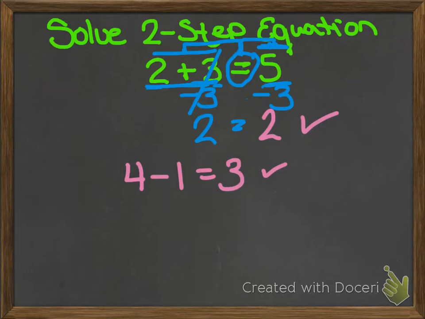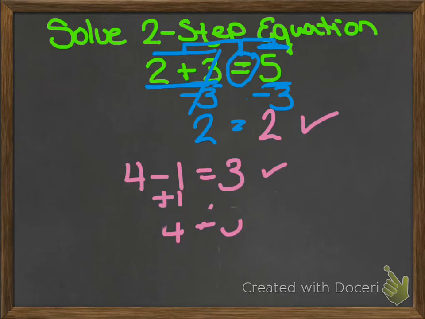So let's look at what happens if I add another apple. Well, if I had 4, I took away 1, and then I add 1 back, then I'm going to have 4 apples again, right? Well, is it still equal to 3? Well, no.